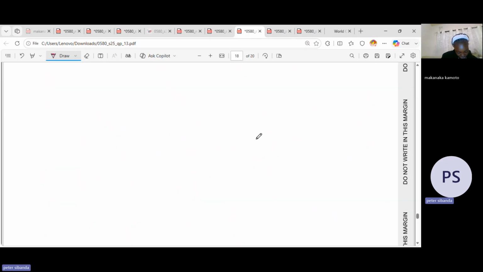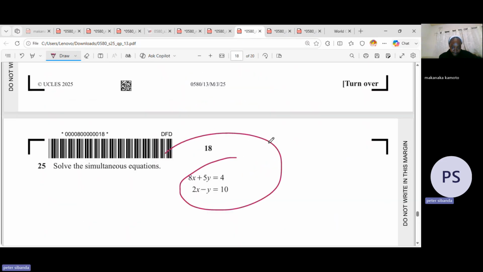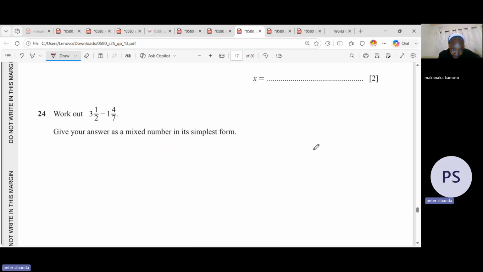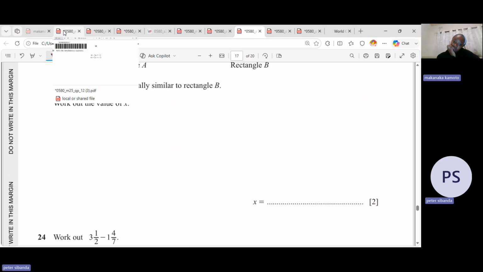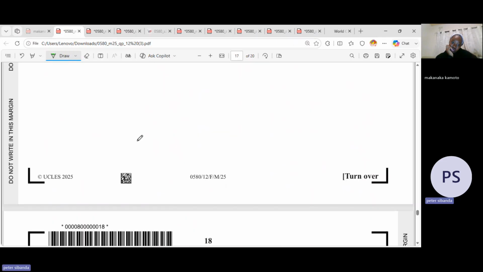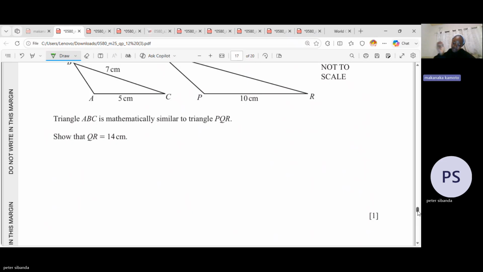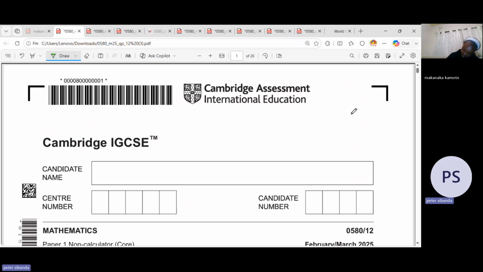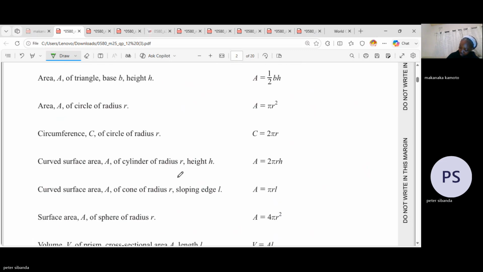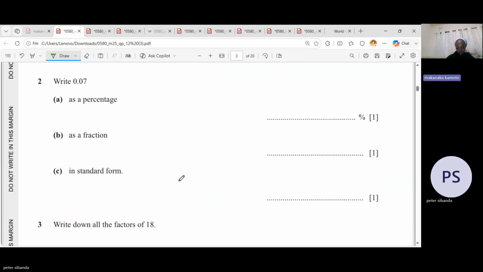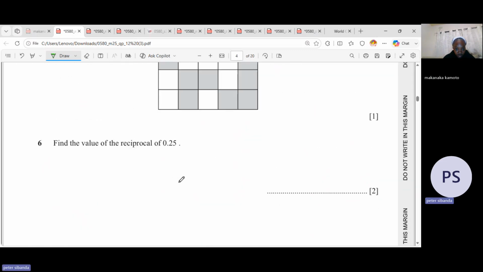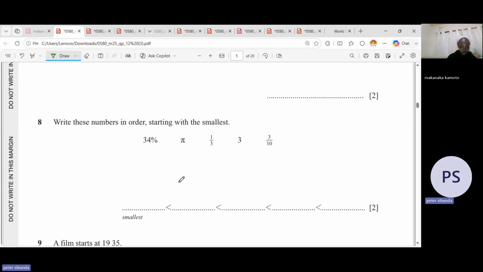I think we can now start working on factorization. So factorization, let me start from here. Factorization is putting things in factors.